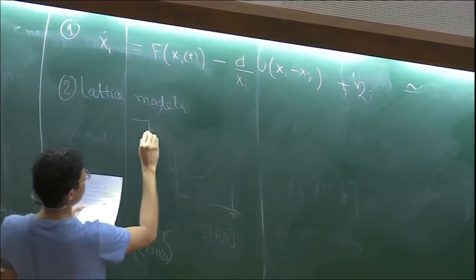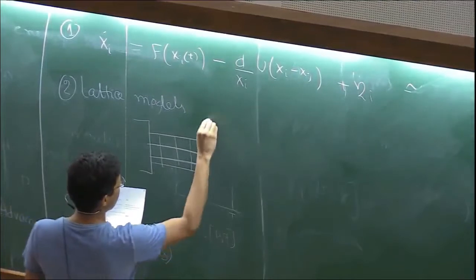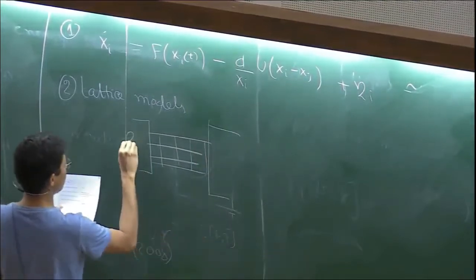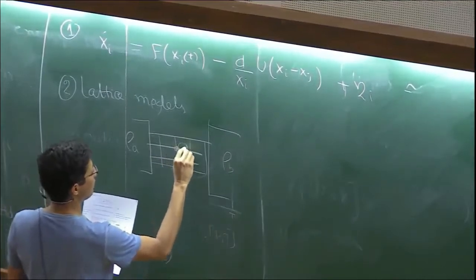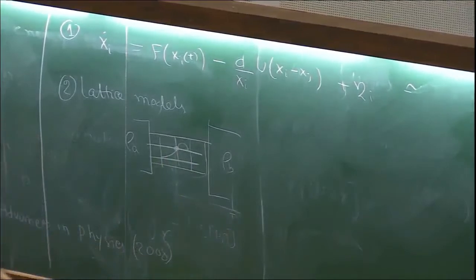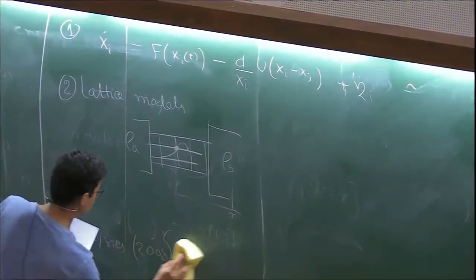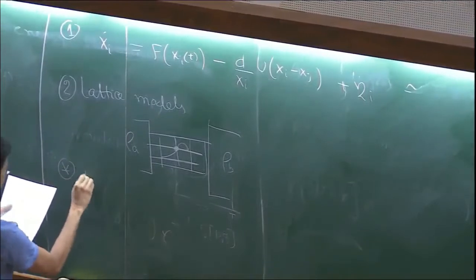Typically you would think that there's a system, the lattice, coupled with, let's say, two reservoirs, rho A and rho B. And then there are particles which are hopping from one site to the other, or maybe far sites, and every time they're jumping with certain stochastic rates. A few of the famous examples in this type of models are exclusion processes.